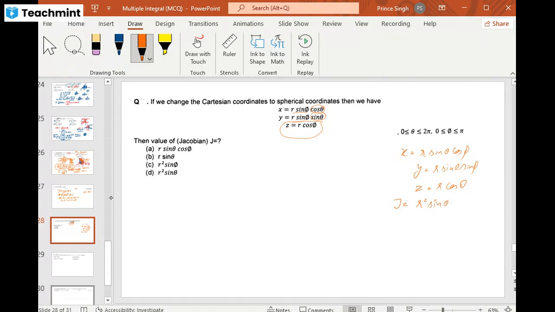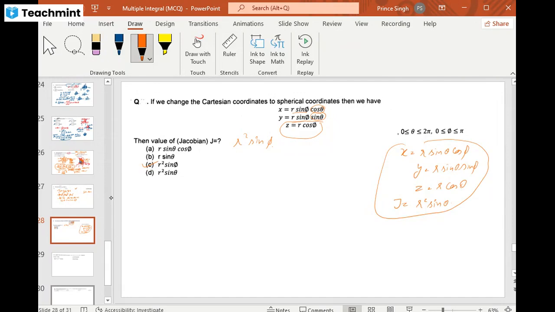So if we change theta with phi, then the Jacobian of transformation will be r square sine phi. This is the important thing you need to remember. Generally, we are using this particular transformation only. If anything is specified over there, then accordingly we need to write the Jacobian of transformation and find out the limits of phi and theta accordingly.